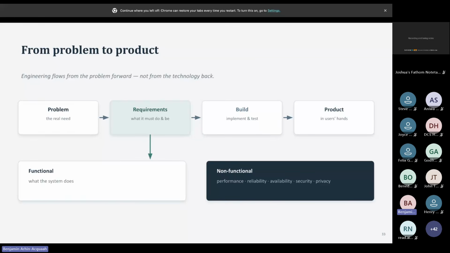Not even may. It just won't work, depending on the specific non-functional requirement that you may fail to do properly. For non-functional requirements, you have things like performance, reliability, availability, and security and privacy.